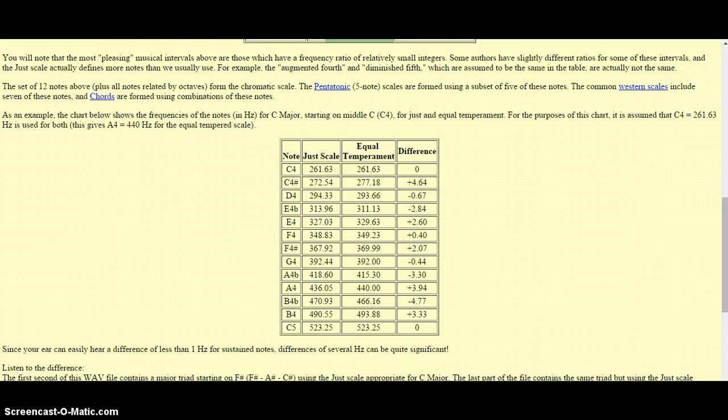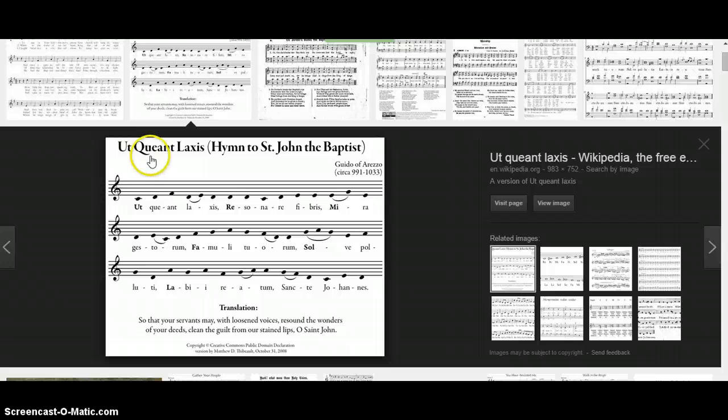Okay, so go back to the hymn of St. John the Baptist. Again, here you've got ut, or what we now call do, re, mi, fa, sol, la, and then ti and do were not added until later. And remember, Guido of Arezzo was a monk. He knew the chant repertoire. He came up with a system of musical notation which we still use today.